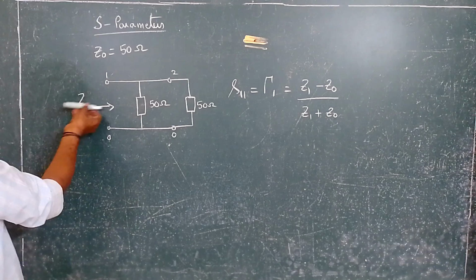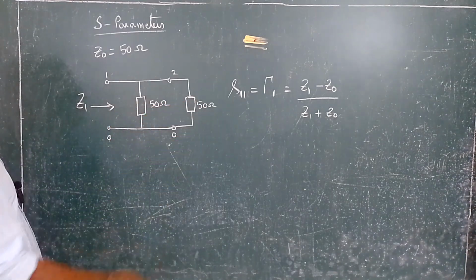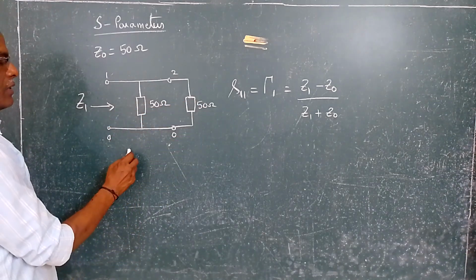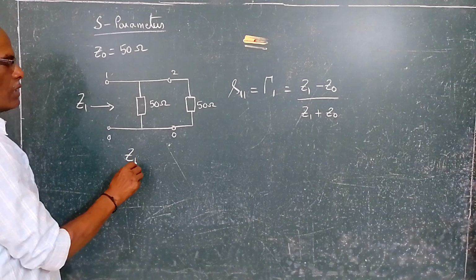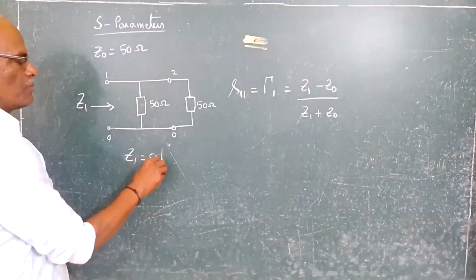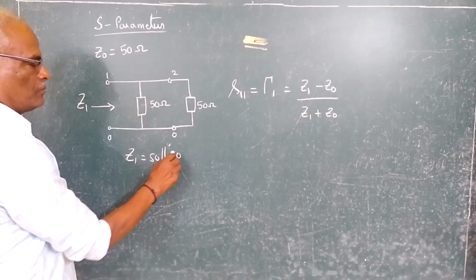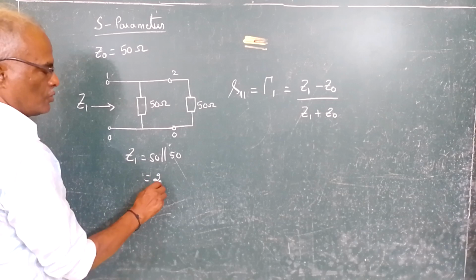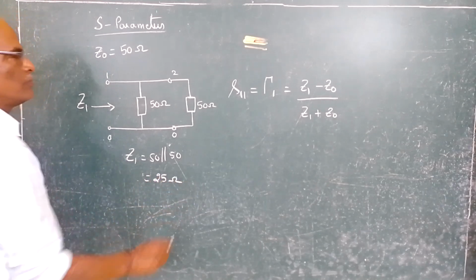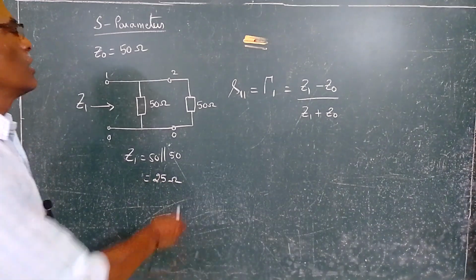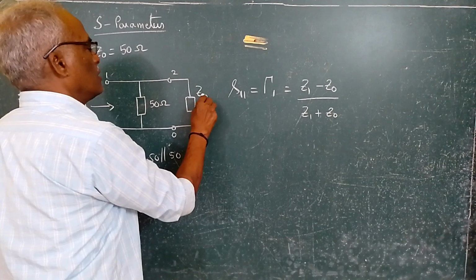Now if you view from here, this 50 ohms and 50 ohms come in parallel. Therefore, Z1 is equal to 50 ohms parallel with 50, so this will give you 25 ohms. Z0 we know is 50 ohms.